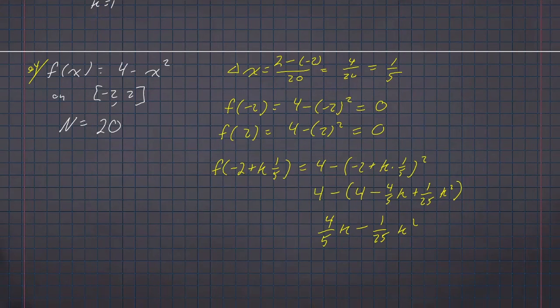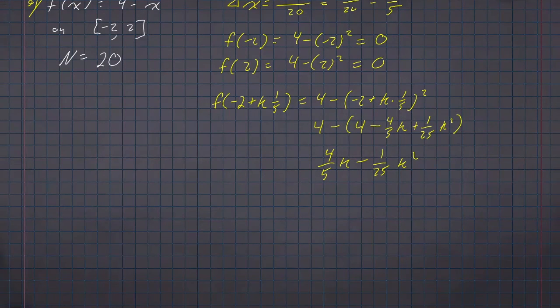And with that, we can plug all of this information into the formula for the Riemann sum. A is the sum, k goes from 1 to n, which is 20, of f of a plus k delta x, which in this case is 4/5 k minus 1 over 25 k squared, times delta x, which is 1/5.